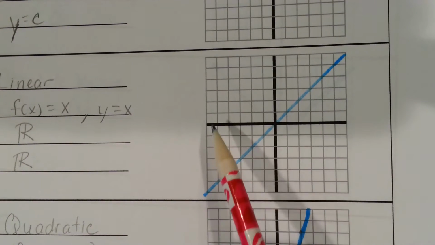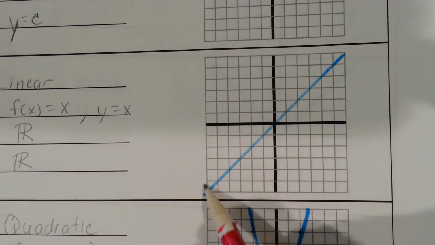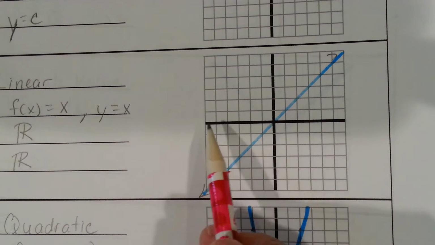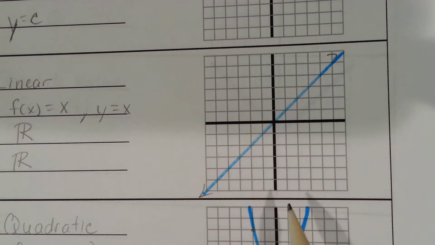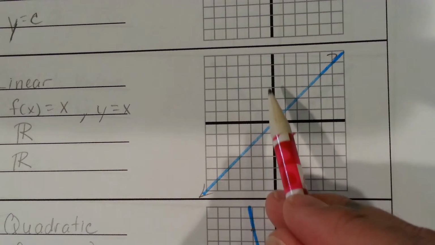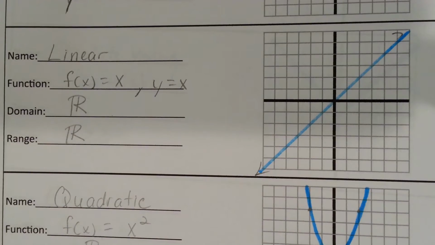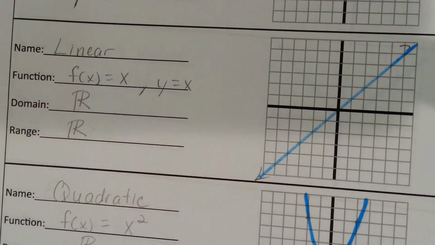Notice, from left to right, this graph spans horizontally from negative infinity to positive infinity, and vertically for range from negative infinity to positive infinity, okay? Notice my domain and range are all real numbers. That's that R, all real numbers, all right?